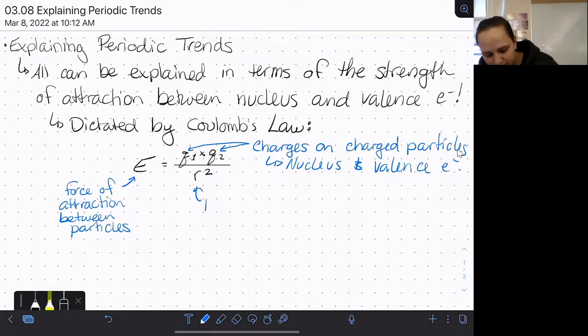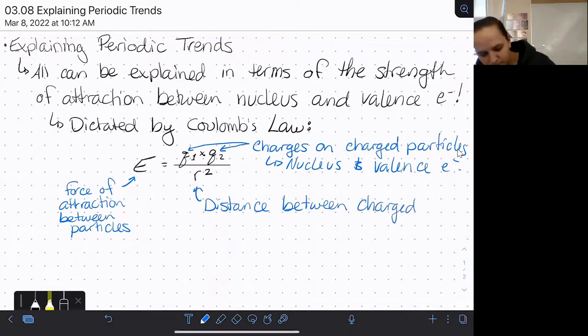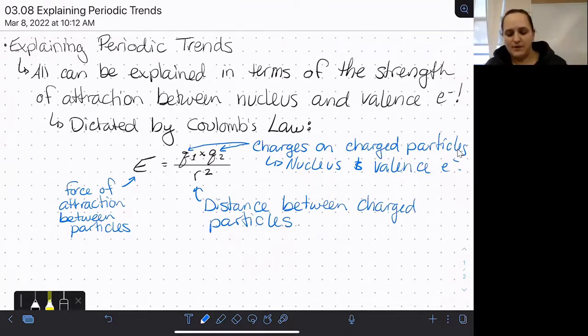And then R is the distance between charged particles, again, where our particles that we're thinking about are the nucleus and the valence electrons.